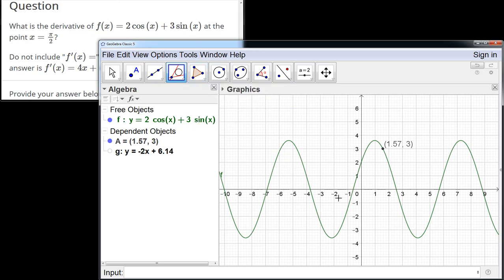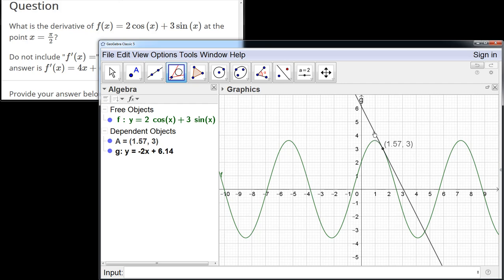And right here we have the point where x is pi over 2, because 1.57 is a decimal approximation for pi over 2. If I wanted to, I could sketch a tangent line at that point, and there's a picture of the tangent line.